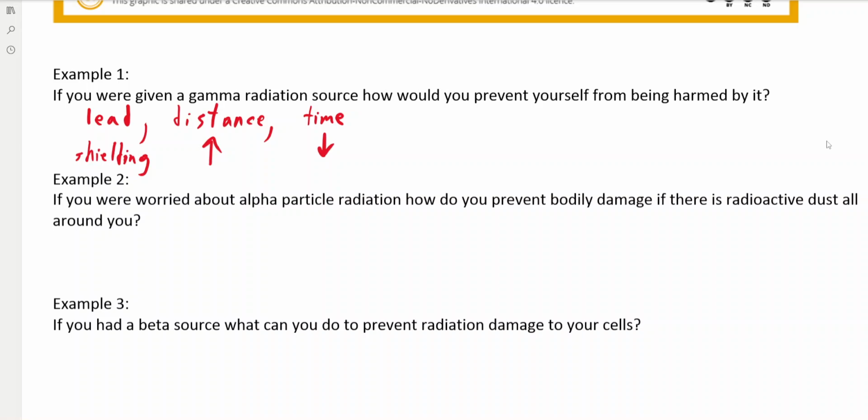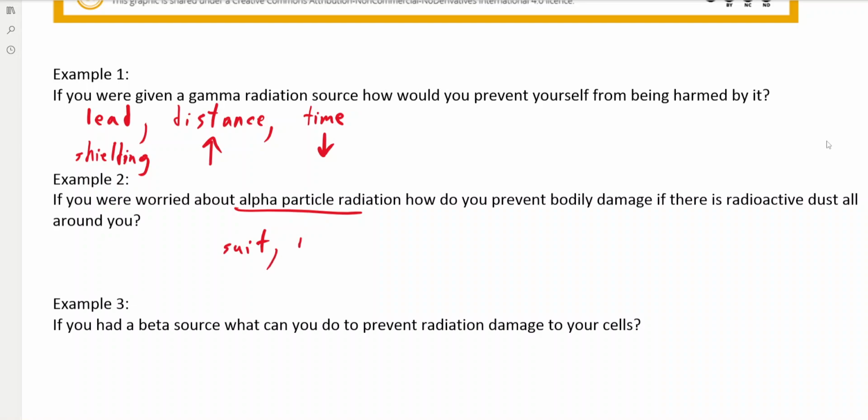Alright, so example 2 says, if we're worried about alpha particle radiation and there's radioactive dust all around you, how can you prevent bodily harm? Well, you wear some sort of suit that protects your skin. It doesn't have to be a thick suit, but it has to be something that prevents the dust from settling on your skin.